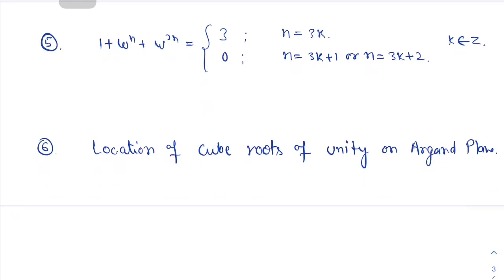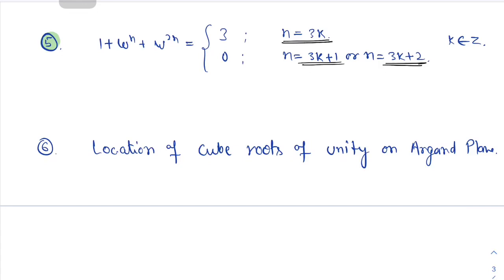Next property is 1 plus omega to the power n plus omega to the power 2n. N is some integer. Any integer can be written as 3k or 3k plus 1 or 3k plus 2. It means if we divide this integer by 3, we are going to get the remainder as 0 or 1 or 2 only.